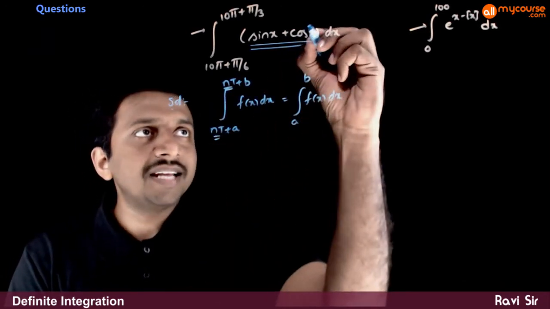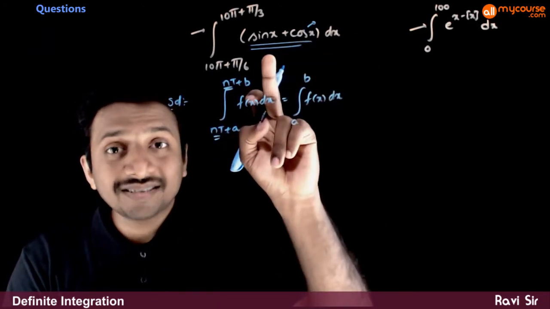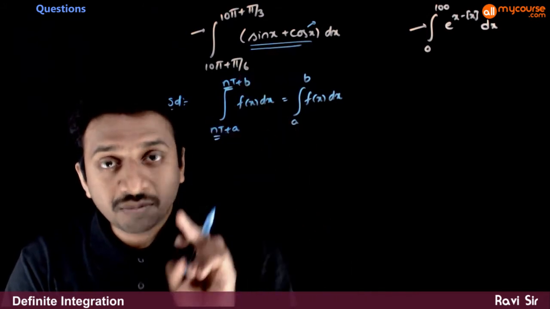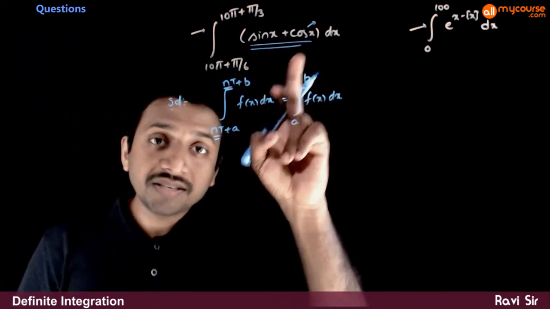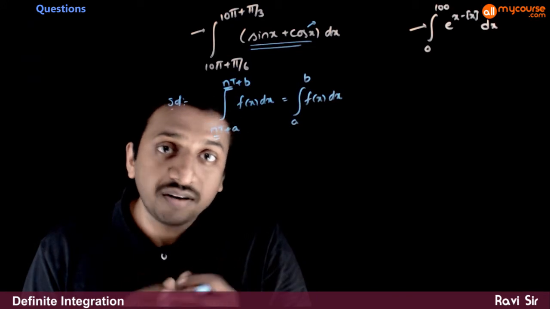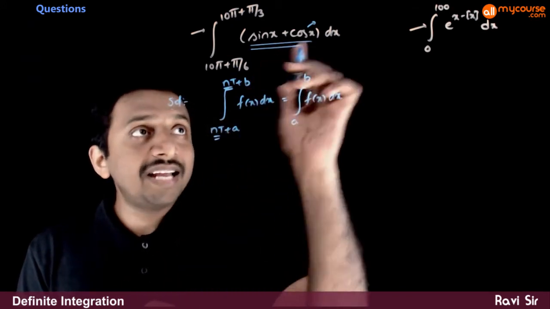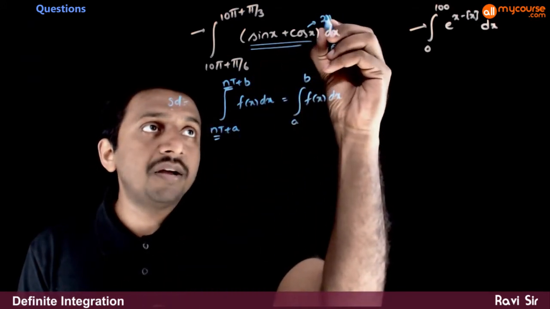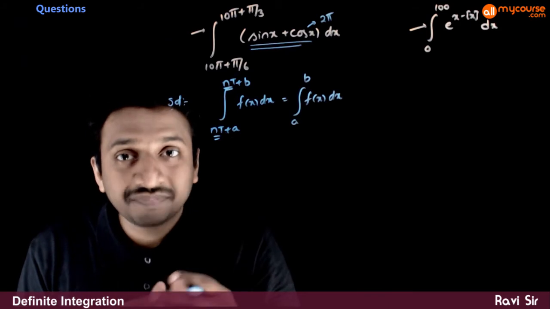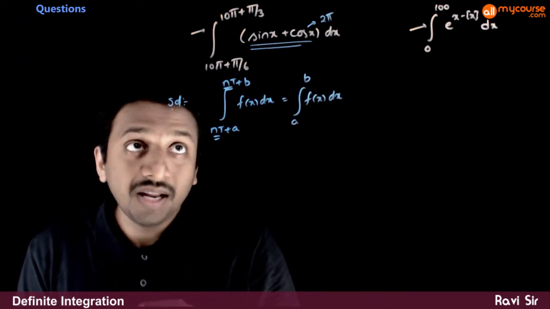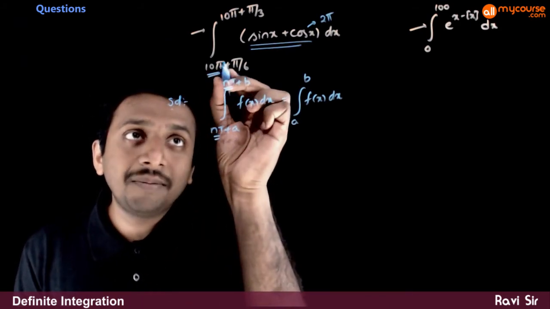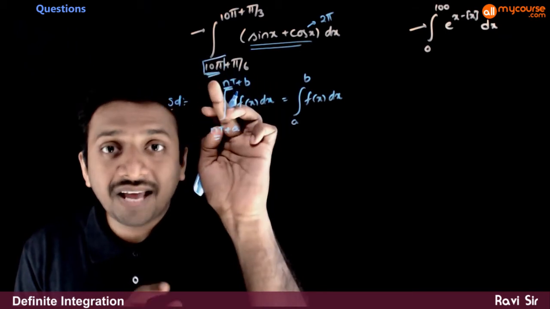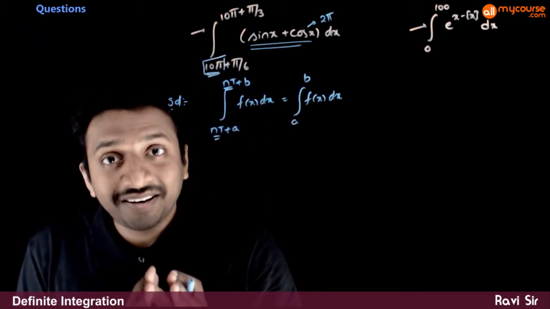Now if you look at sin x plus cos x, sin x is a periodic function with period 2 pi. Cos x is also a periodic function with period 2 pi. So sin x plus cos x is a periodic function with period 2 pi. Now this 10 pi is nothing but 5 times the period T.